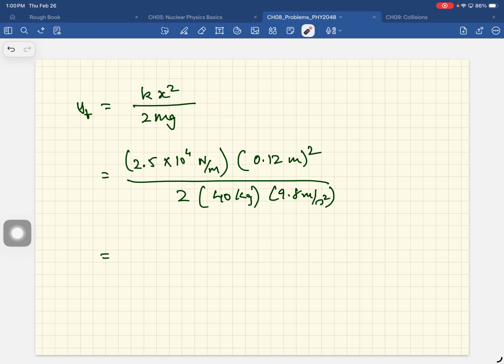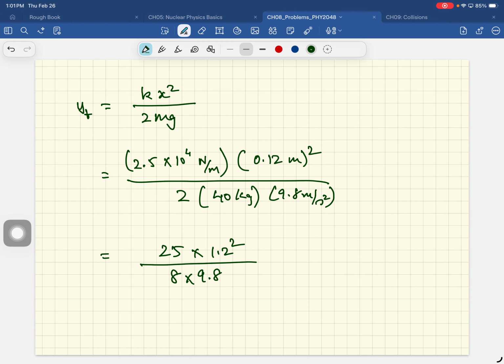So here's a good habit to get into: take care of powers of 10. This is 10 to the 4. We'll make this 1.2 times 10 to the minus 1. That's squared, 10 to the minus 2. So that kills 2 of those, and then one of them dies here. So that's 25 into 1.2 squared divided by 8 into 9.8.